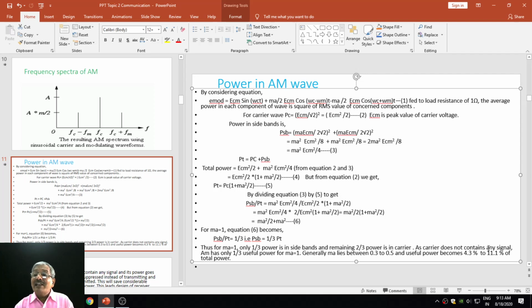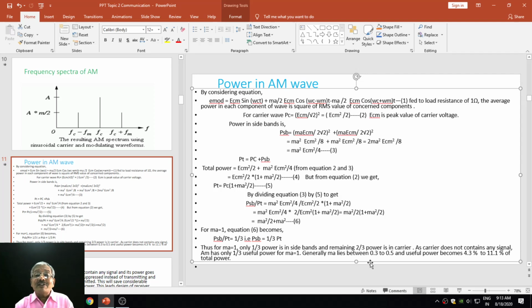But as the carrier does not contain any signal, look here. Here is the actual understanding of the transmission of the amplitude modulated signal. As we observed from the equation, 1/3 power is present in the sideband, 2/3 power is present in the carrier. No doubt 2/3 power is in the carrier, 1/3 power is in the sideband, but the carrier doesn't contain any signal which is going to be transmitted.